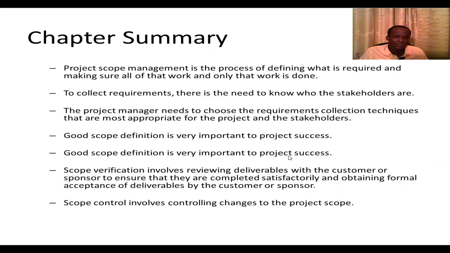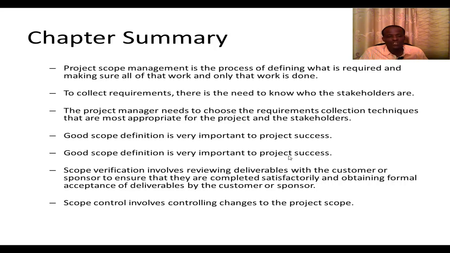In summary, project scope management is the process of defining what is required and making sure all of that work, and only that work, is done. Now, to collect requirements, there's a need to know who the stakeholders are. The project manager needs to choose the requirements collection techniques that are most appropriate for the project and the stakeholders.